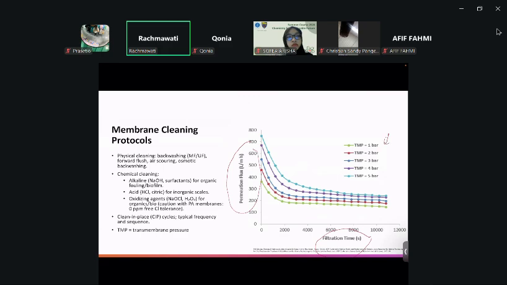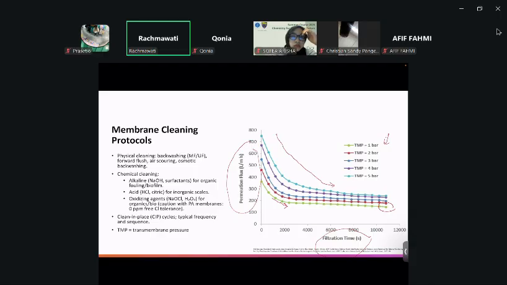Yeah. And then here, for example, you have the fermentation flux and then filtration time. And then this is the TMP, that is the transmembrane pressure. From the graph, the permeation is decreasing over time. If you are using a lower transmembrane pressure, you can see that it approaches the asymptote, the equilibrium or stagnant value, in a shorter time.